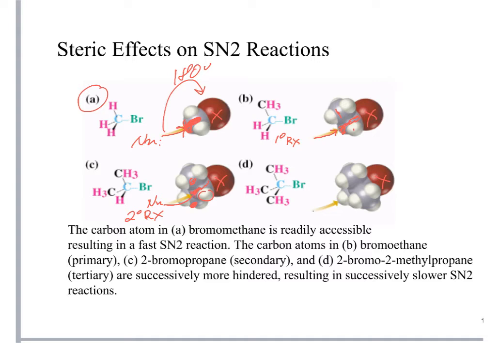And the tertiary alkyl halide simply does not have enough room for the nucleophile to attack from the backside. So tertiary alkyl halides and tosylates will not follow that mode of nucleophilic attack.